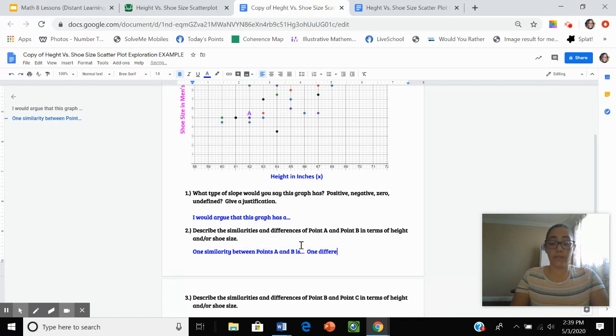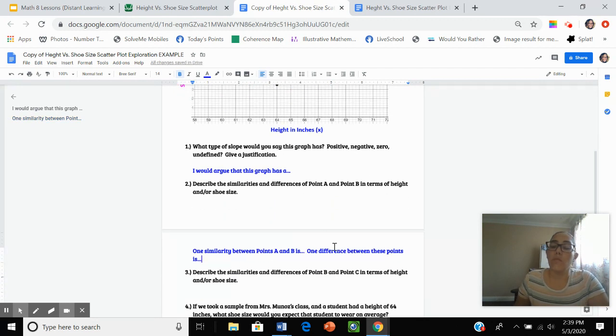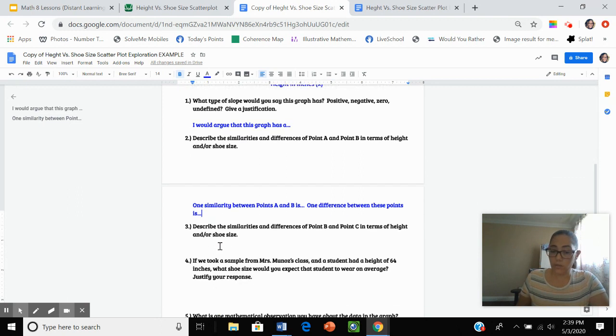One difference between these points is, okay, so on and so forth. So overall, just making sure that we're speaking in complete sentences. Don't just write one-word answers.